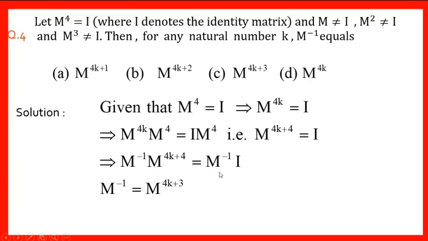Again, by applying the law of indices, you will get 4k plus 4 minus 1, that is 4k plus 3. So we have M to the power 4k plus 3, and any matrix multiplied by the identity matrix is the matrix itself. So we have M to the power minus 1. This is the value of the inverse of the matrix, which is given by option C.